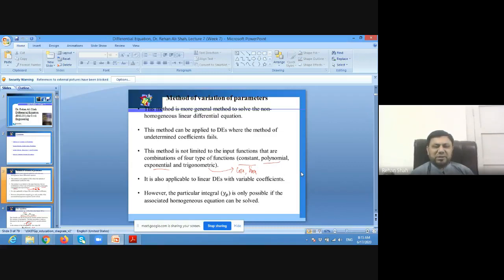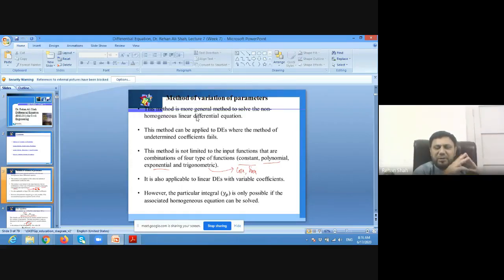Note these points. First thing is this method is more general as compared to the previous method, because in the previous method, if you have a specific type of function at the right hand side, you can use the undetermined coefficient method. In this case, if there is any function at the right hand side, you can deal with that function and find the particular solution using the method of variation of parameter.